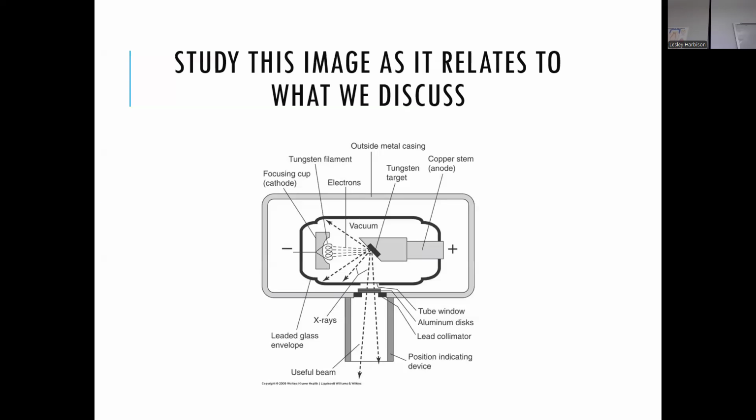So what else do I want you to know? The big things before we go into the process: focusing cup, tungsten filament, the copper stem, tungsten target, and then the whole encasement, which is actually leaded glass. So it's a glass tube.